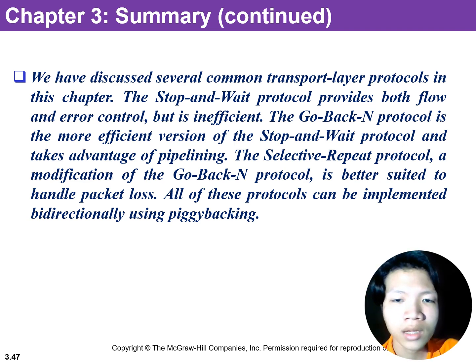The Go-Back-N protocol is the more efficient version of the Stop-and-Wait protocol and takes advantage of pipelining. The Selective Repeat protocol, a modification of the Go-Back-N protocol, is better suited to handle packet loss. All of these protocols can be implemented bidirectionally using piggybacking.